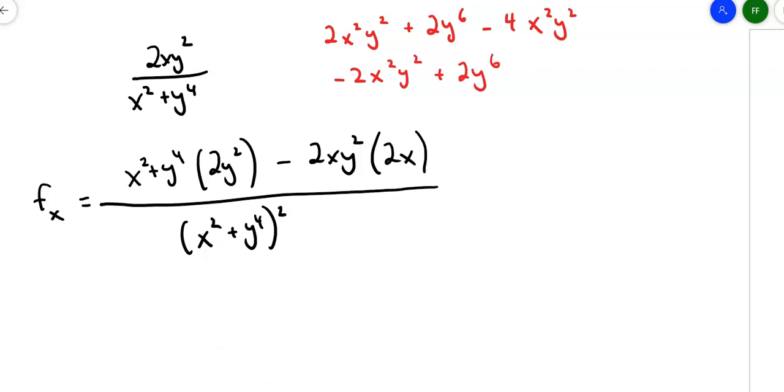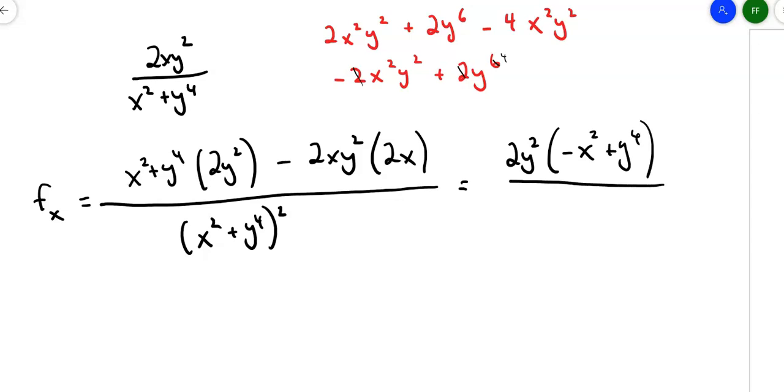So let's see, if I factor out a 2 and a y squared, then what's left? In this first term is just a negative x squared. And then in the second term, I drop this down by 2, and so I get a plus y to the 4th. And then down the bottom, x squared plus y to the 4th squared.